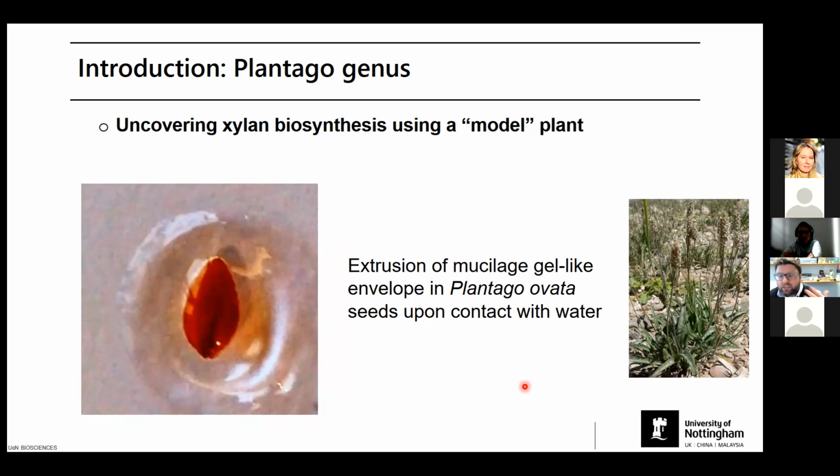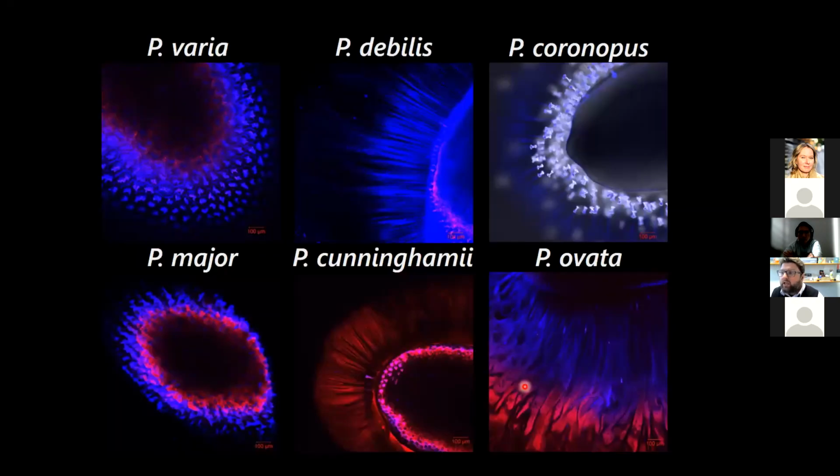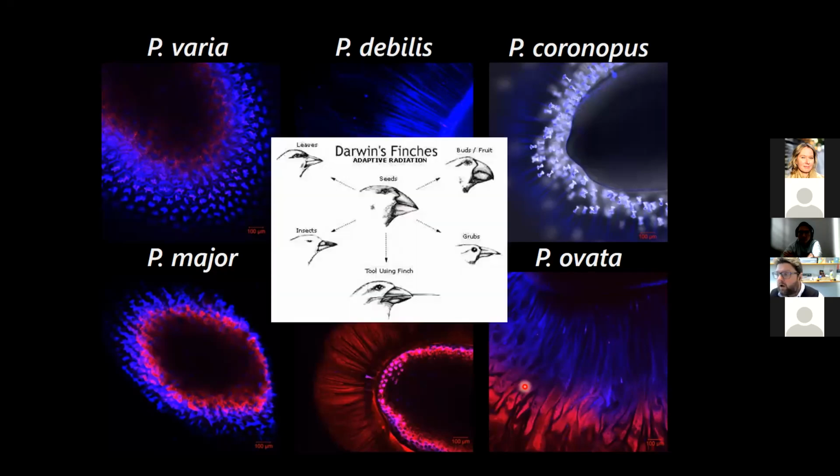We started to dig deeper into the genetics, and we realized there is a huge variety of xylans produced by different species. It was very stimulating, because each species of Plantago, in terms of its production of xylan, was akin to Darwin's finches, where adaptation to every environment they grow in is exemplified and translated into the structure of this xylan.